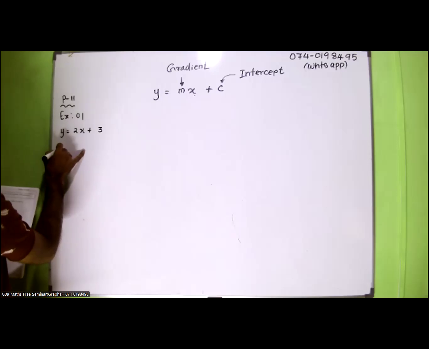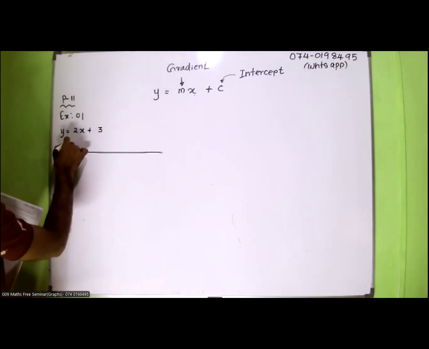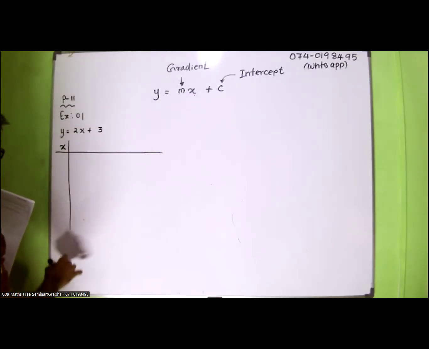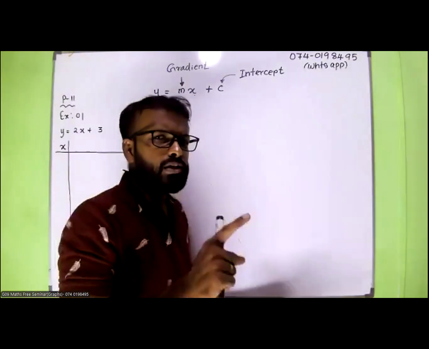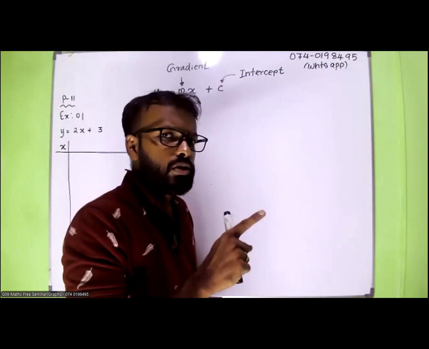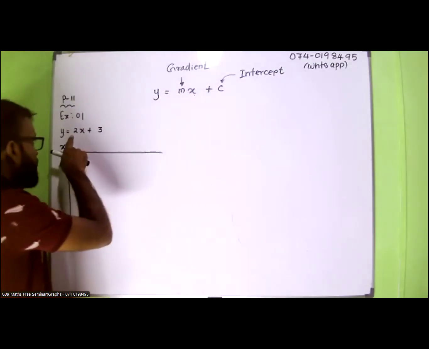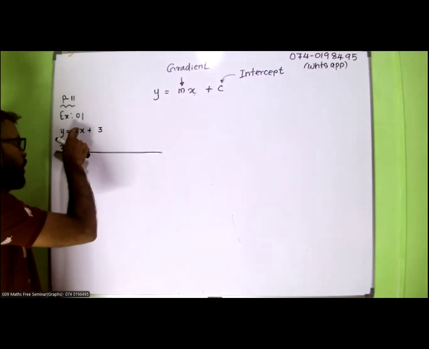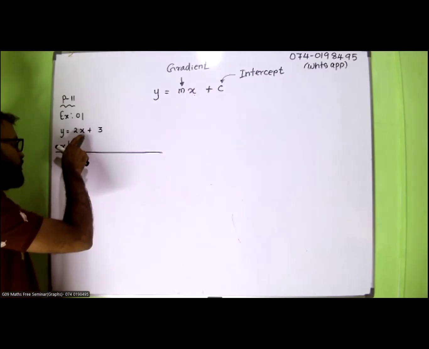So I am going to fill my table. This is my x range. I will choose my x range as -2, -1, 0, 1 and 2, because here I have whole numbers, not fractions.